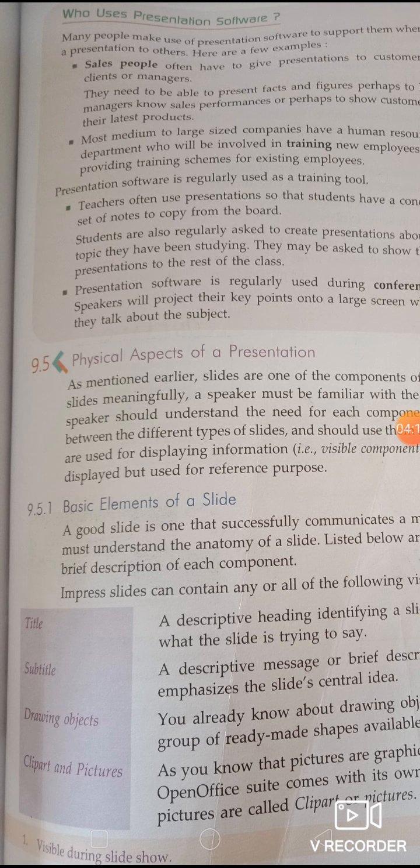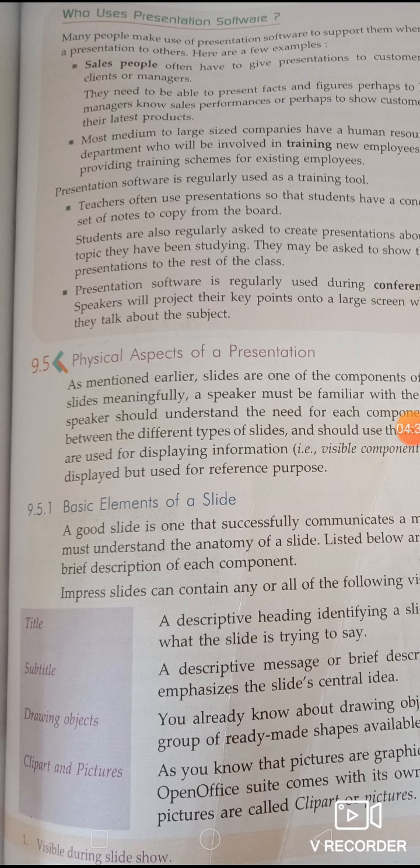The clip art and pictures option is basically for inserting pictures in your document. Clip arts are in OpenOffice Impress. There is a library of pictures which you can use as clip art. Clip arts are like images.